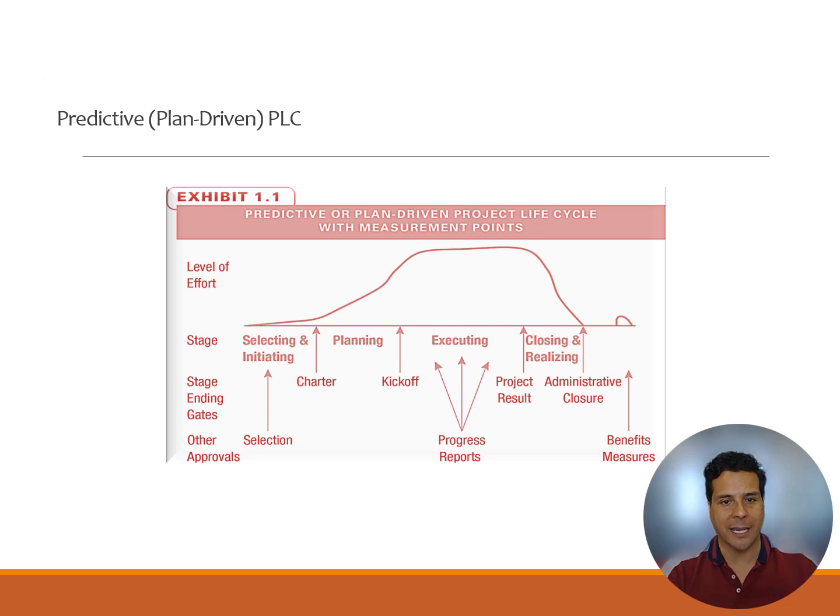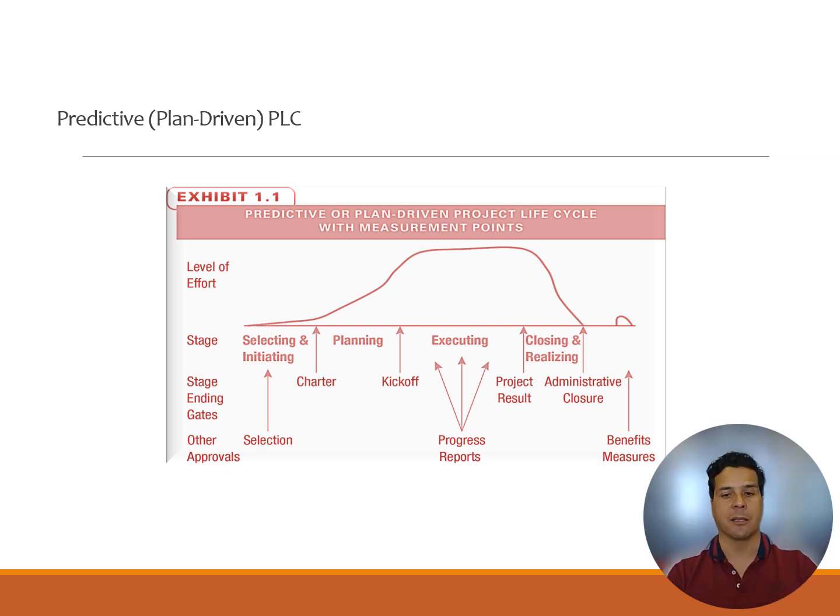There are key parts of it, like being able to do the charter, or being able to understand the key stages of what you're going to do, and then the kickoff, the moment the project starts, and that is when you will know that the effort will intensify. Then you have full capacity, which is execution, and you will produce progress reports on that.